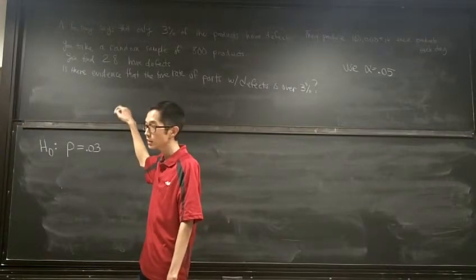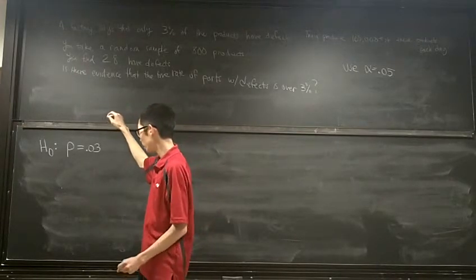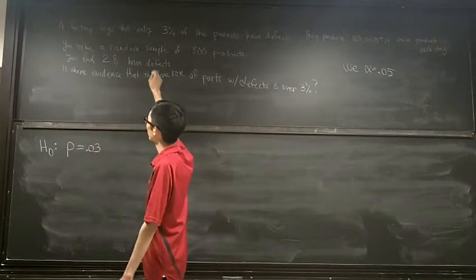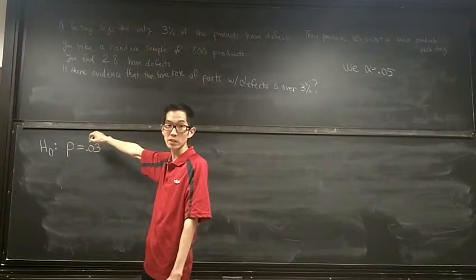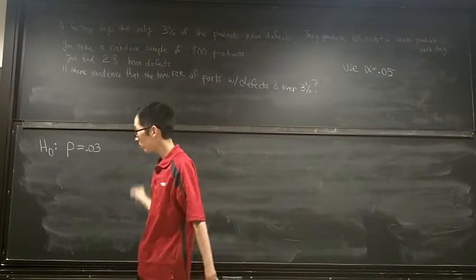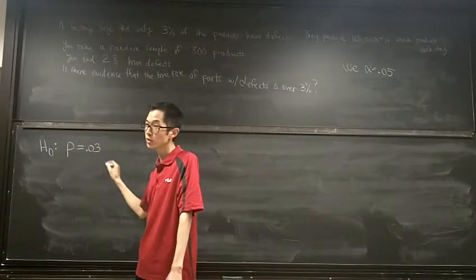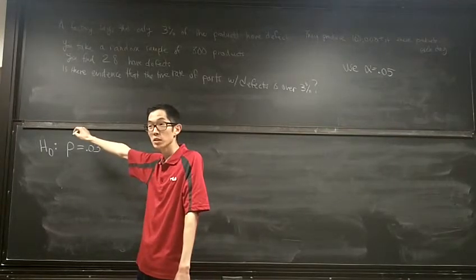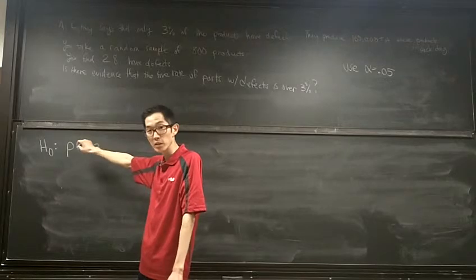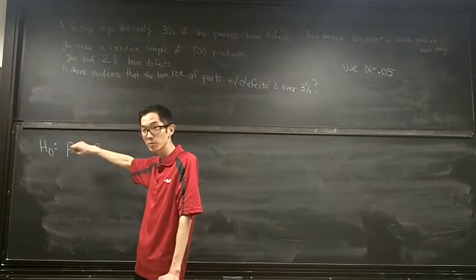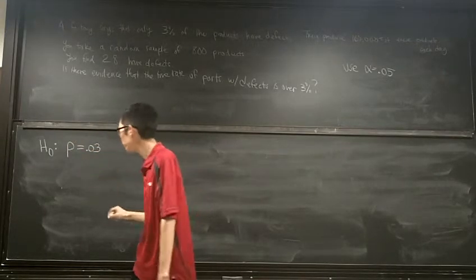It's not a number, it's a statement. And our statement is that the defective rate is 3%. So it is that P is 0.03. Is it P hat? No, it's P, because it's a statement about the population, not about the sample.